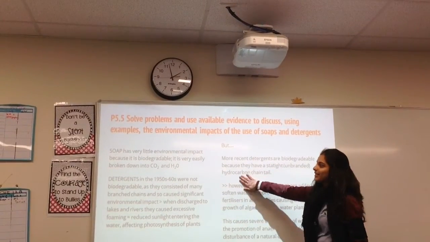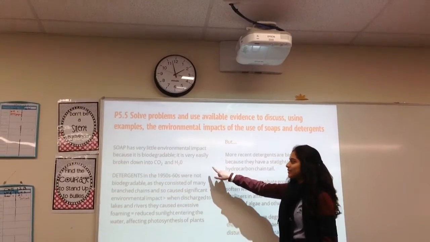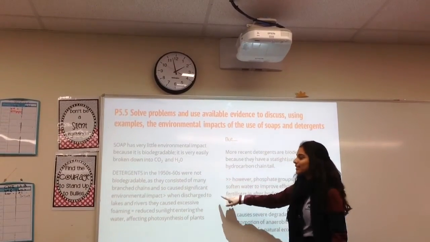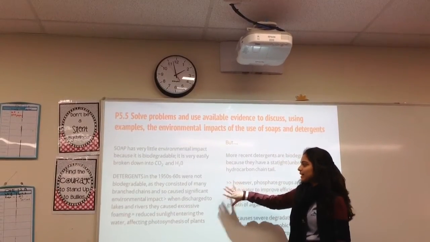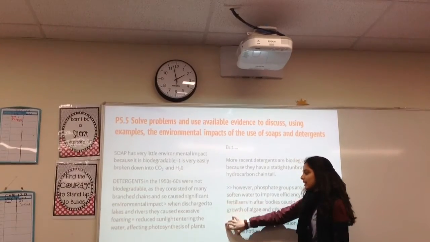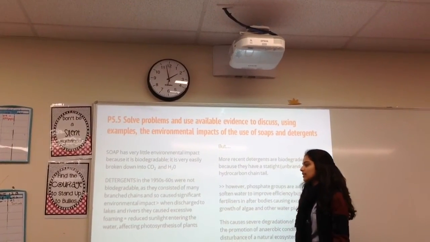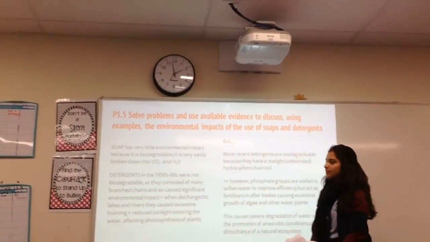Alright guys, soap. It's biodegradable and it's very easily broken down into carbon dioxide and water. Detergents in the early 1950s and 60s were not biodegradable, and they consisted of many branched chains, so they caused significant environmental impact. When discharged into rivers and lakes, they caused excessive foaming, which reduced sunlight entering the water, affecting photosynthesis of plants.